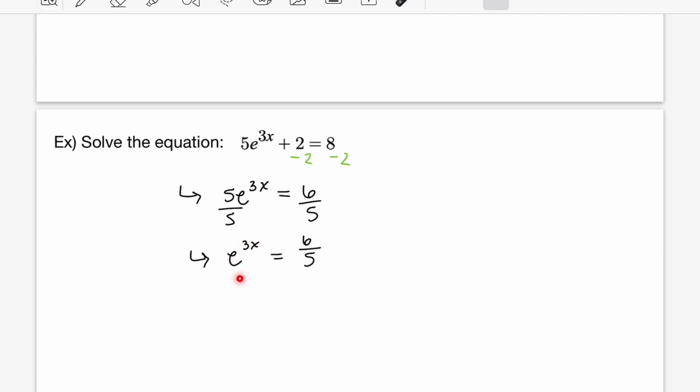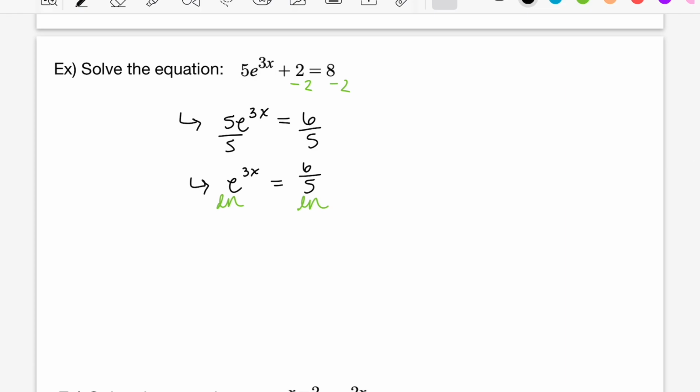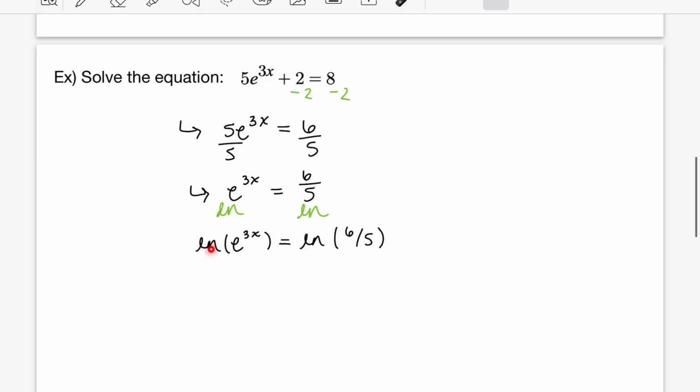Now that we have our exponent by itself on one side, we can again take the natural log on both sides. So we'll get ln of e to the 3x is equal to ln of 6 over 5. Now in this case, remember ln and e are inverses of each other. So this cancels and our 3x comes down.